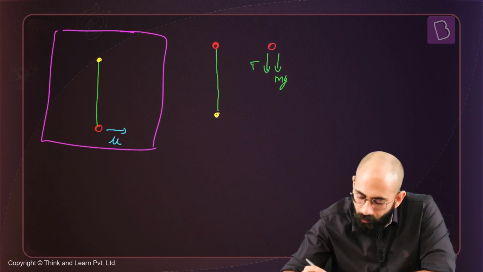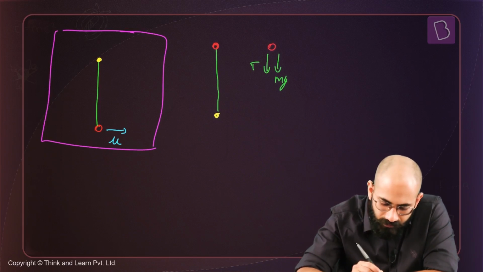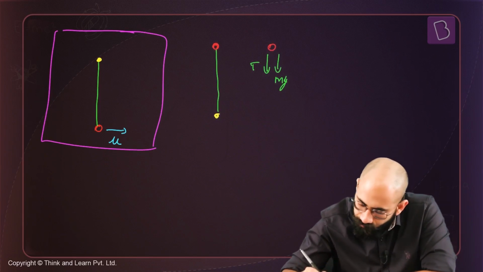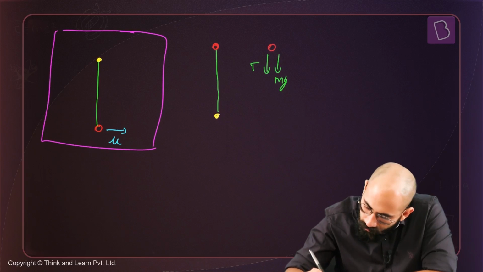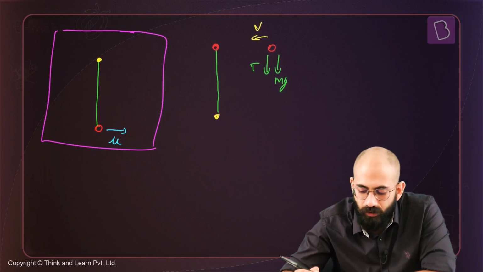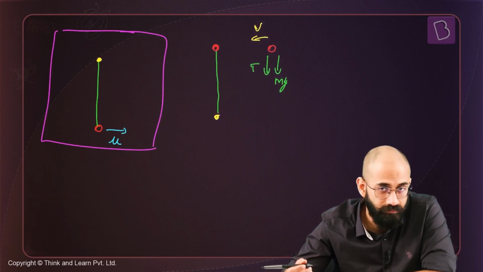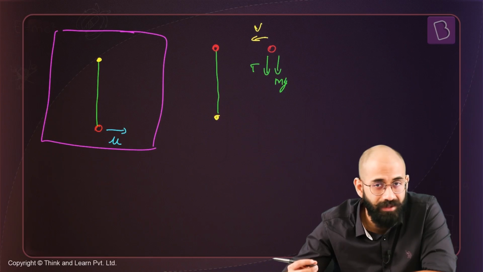Also, this ball in this frame will be moving with some speed at this point. Let's call that v. Then we can say that T plus mg will be equal to mv squared by r, because that will be the centripetal force.